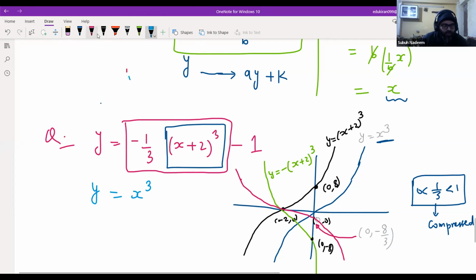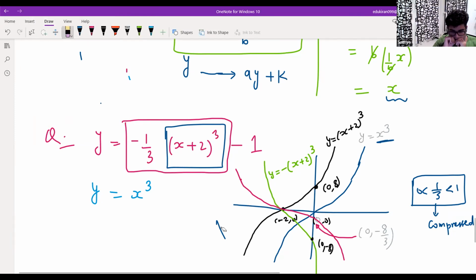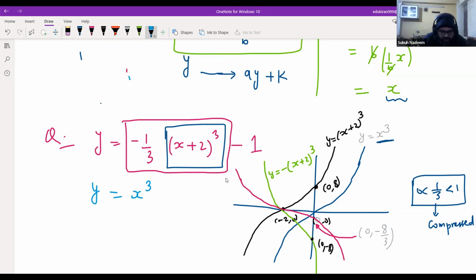When you shift it downward by 1 unit, it will be like this.